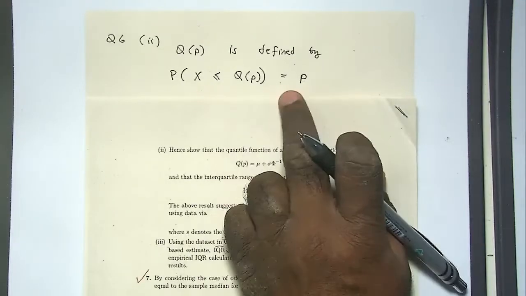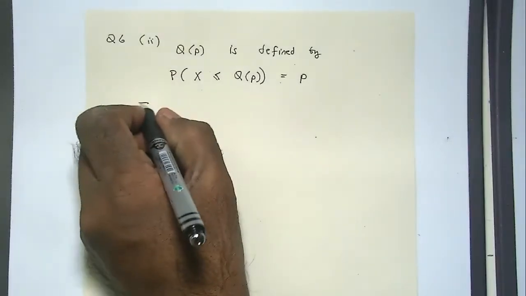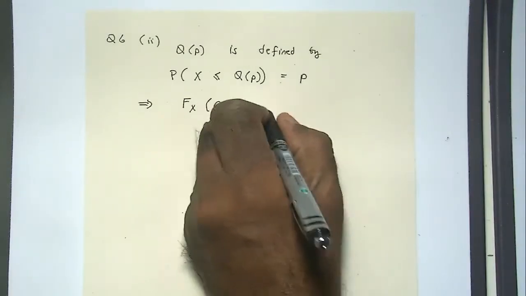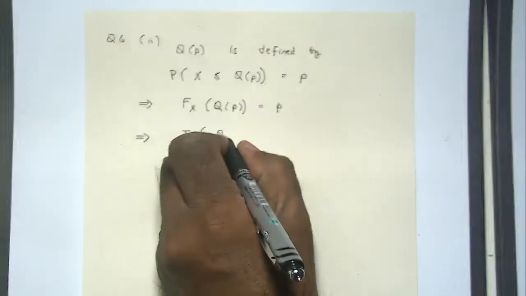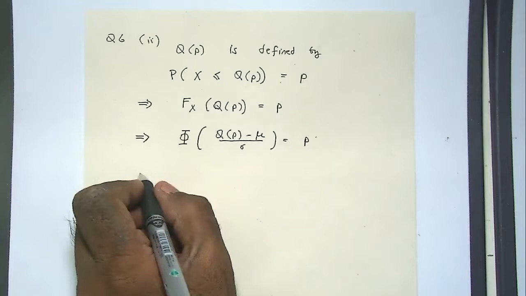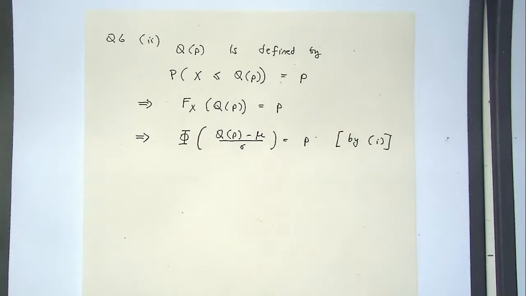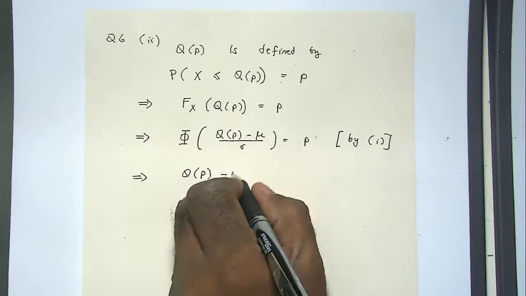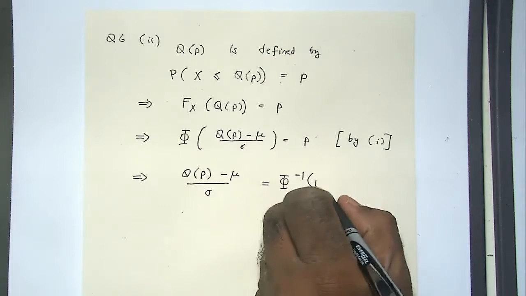So Q of P must satisfy the probability that X is less than or equal to this must be equal to P. So this implies, by part 1, that Q of P is this.